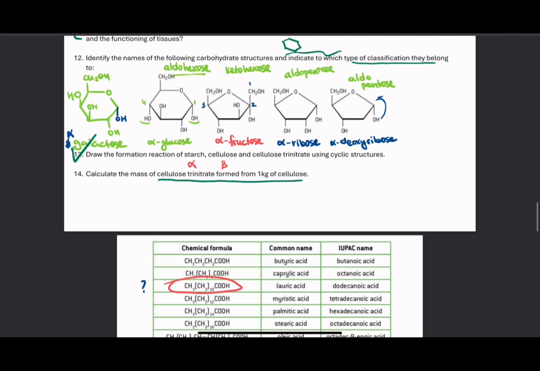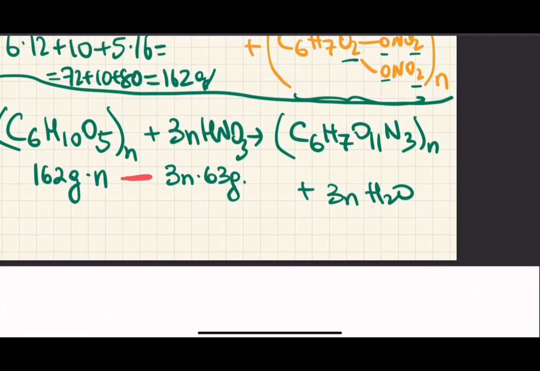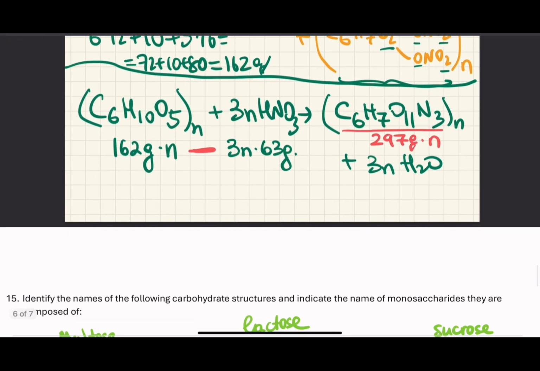The question is asking, calculate the mass of cellulose trinitrate formed. Now cellulose trinitrate formed, we also need to calculate this portion. So carbon is 12, hydrogen is 7, oxygen is 11, and nitrogen is 14. If you do the calculation, which is 297 gram times N. Now, these are the ones that we need in this ratio.